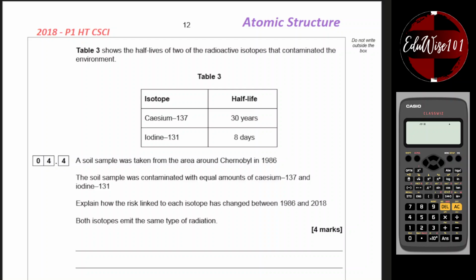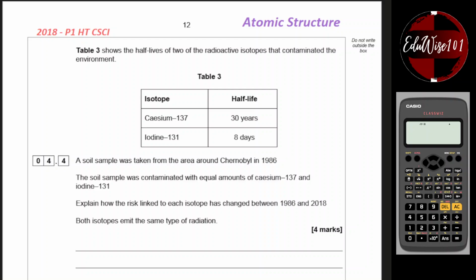Table 3 shows the half-lives of 2 of the radioactive isotopes that contaminated the environment: cesium-137 with a half-life of 30 years and iodine-131 with a half-life of 8 days. A soil sample was taken from the area around Chernobyl in 1986. The soil sample was contaminated with equal amounts of cesium-137 and iodine-131.